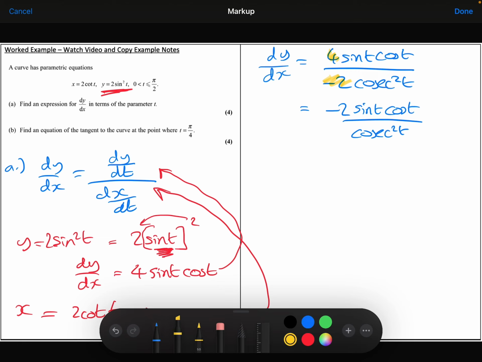The second simplification I'm thinking about is cosec squared. Well, cosec is 1 over sine, so cosec squared is 1 over sine squared. So if I'm dividing by 1 over sine squared, I can think of that as multiplying by sine squared.